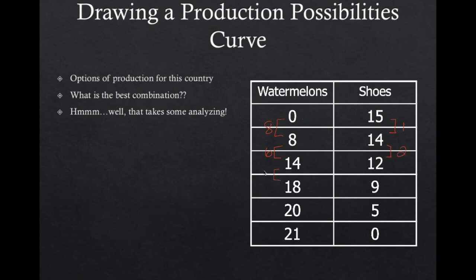And then if I increase by another 2 million tons here, oh, that's actually 6 million tons, but I can do math. And here you're going to decrease 3 million pairs of shoes. You increase 2, decrease 4, increase 1, decrease 4.